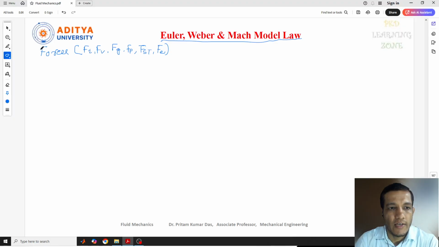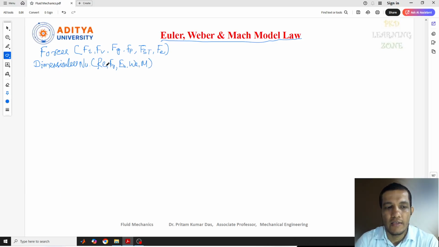From these forces we are able to find the dimensionless numbers, which we have also discussed in a few lectures. What are the dimensionless numbers? Reynolds number, Froude number, Euler number, Weber number, and Mach number.